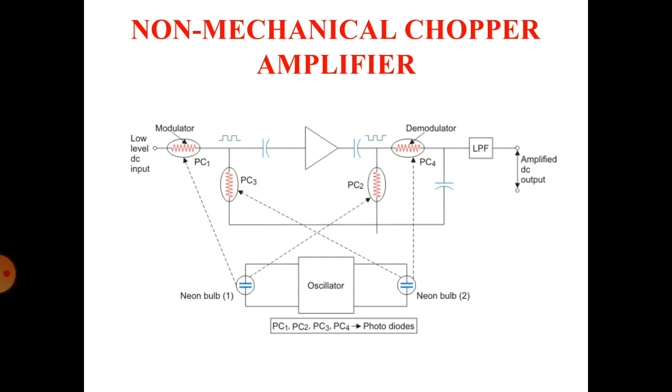In the mechanical chopper amplifier, we have two nodes connected to opposite sides, and the T network will be followed by one switch. The output of the T network will be given to the switch S1.